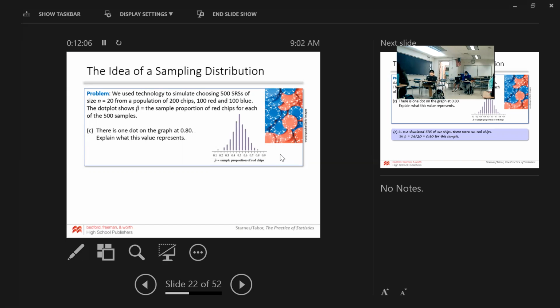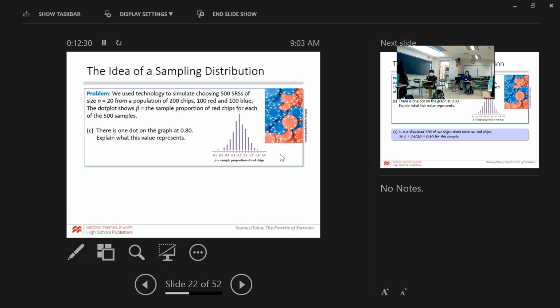So what's this one? This one is 15% red. Okay, so what'd you get? 3 out of 20. So this one time you got 3 out of 20, and then you did it 500 times altogether, and then these dots got all stacked there.